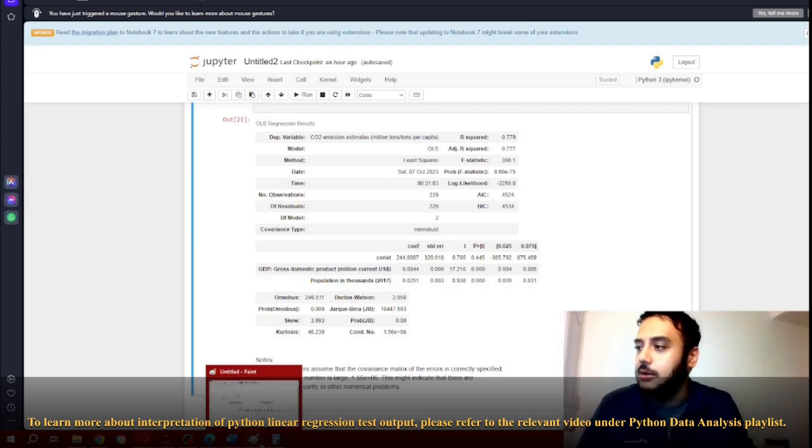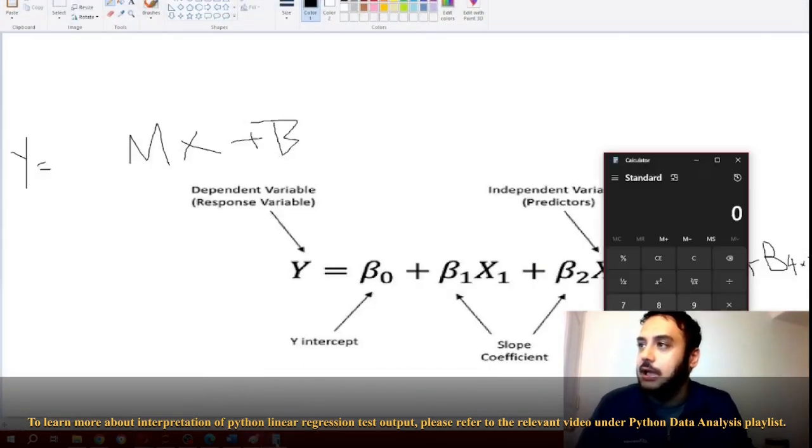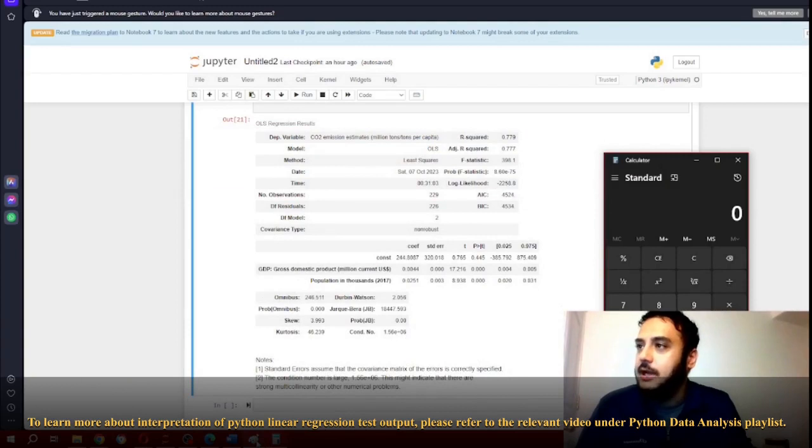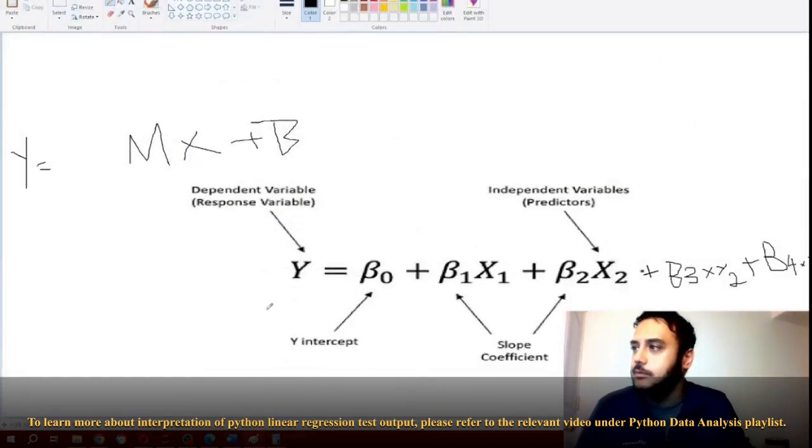All right, so let me go back to the PBrush and get a calculator. I need to put 244.80, maybe 81. I'm going to round it to the second decimal, 244.81. This is going to be my intercept, 244.81.